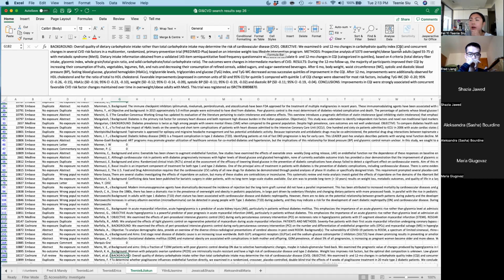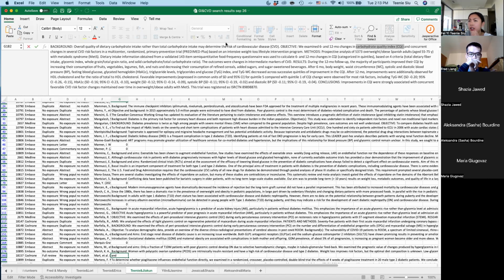I feel like we passed by this paper last year, but I'm pretty sure carbohydrate quality index is not the same as glycemic index. I don't think so. Even if it did say glycemic index, let me see what kind of study this is.